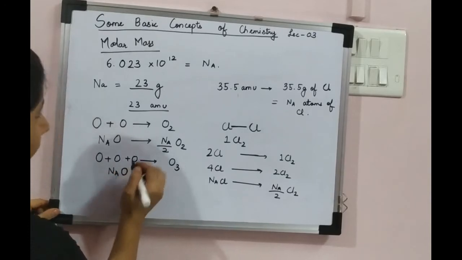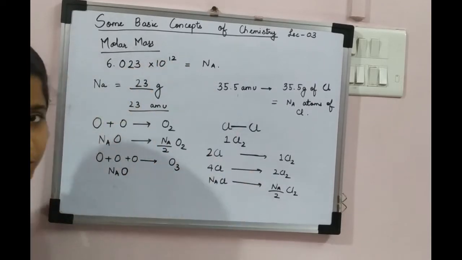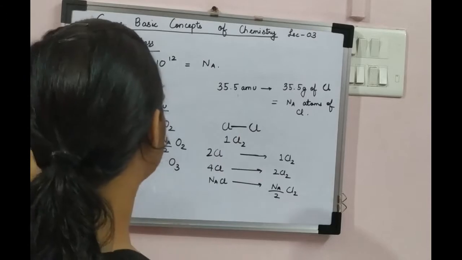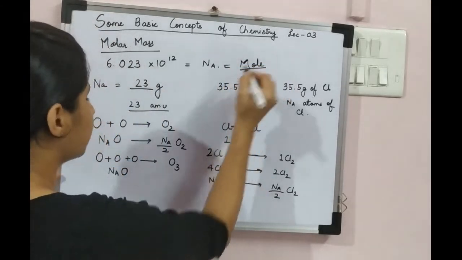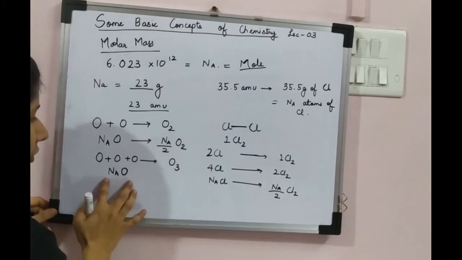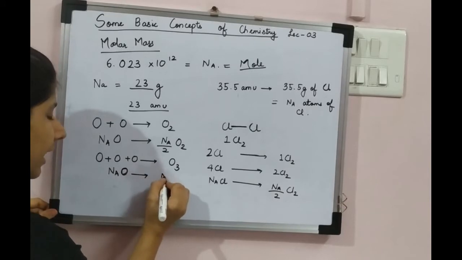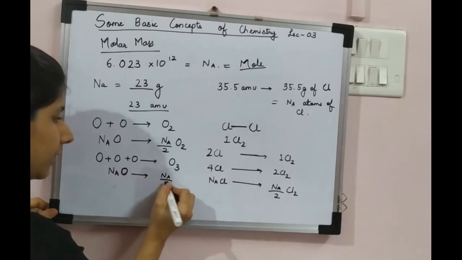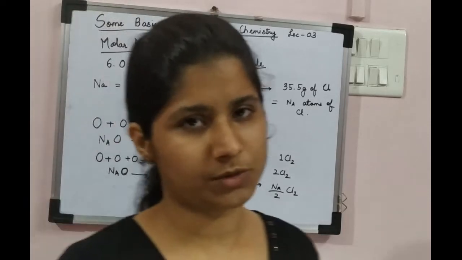This much number of atoms taken is equal to 1 mole of the substance. This is why it is called the mole value. So if I take 1 mole of oxygen atoms, what will I get? Na by 3 number of ozone molecules, right?